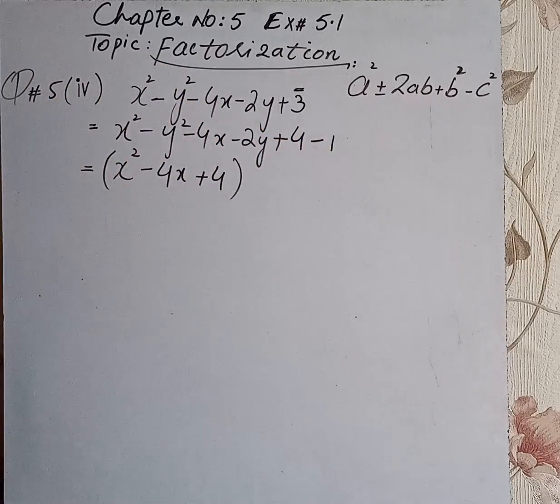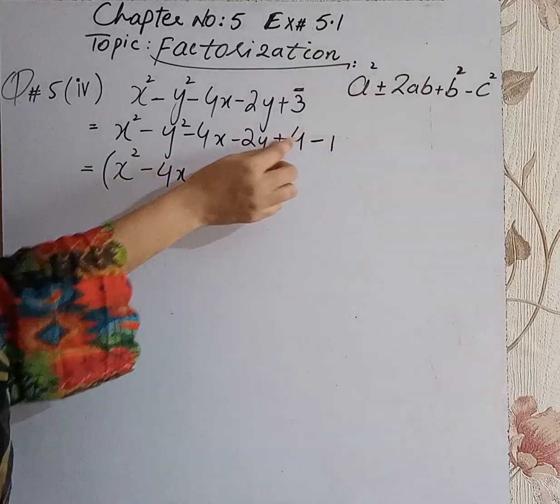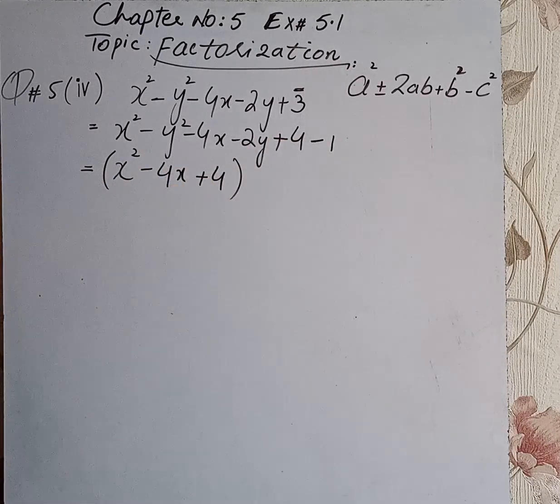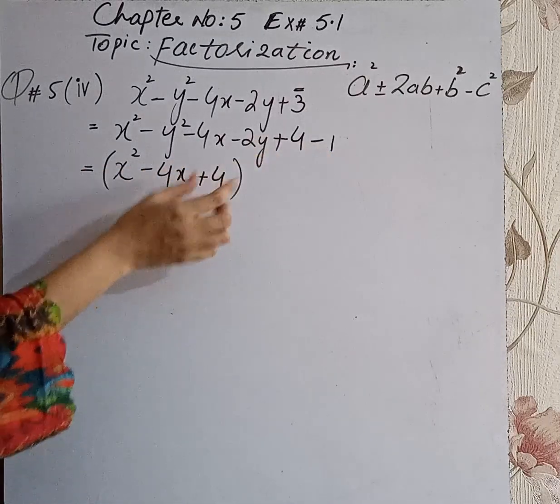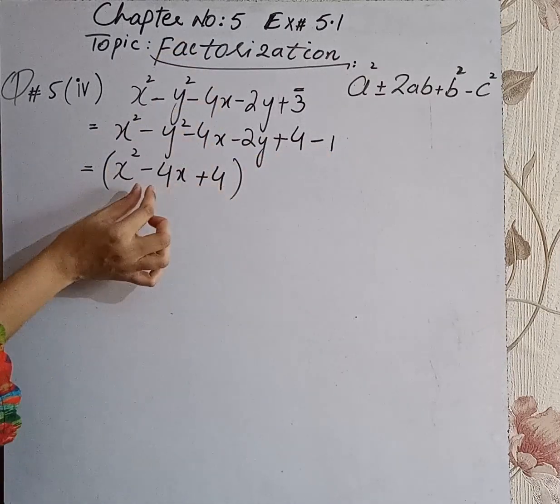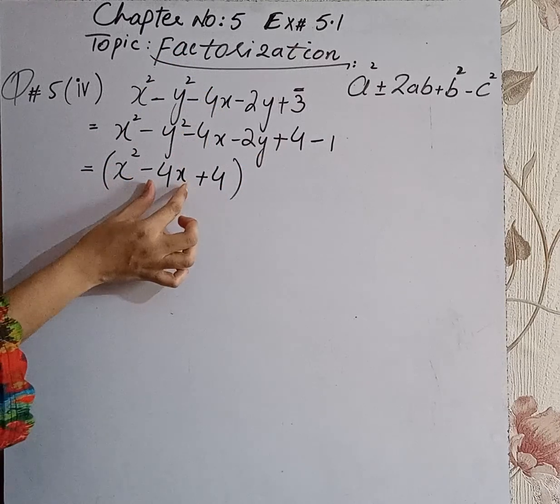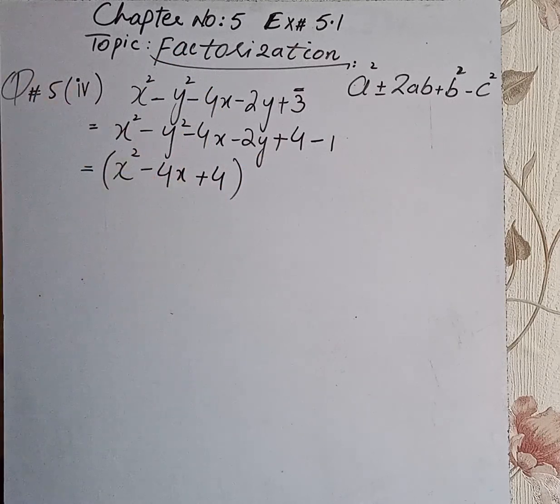Since there is 4x in the middle term, we will write 4 here. If we wrote 1, then 1 multiplied by the 2 of the formula would give 2 here. But we need 4x here, so we will write 4.